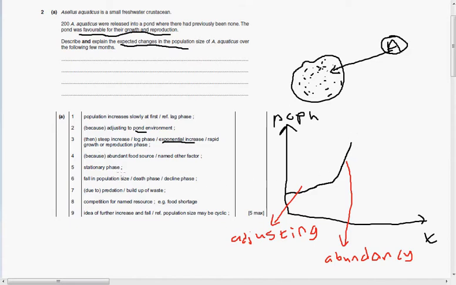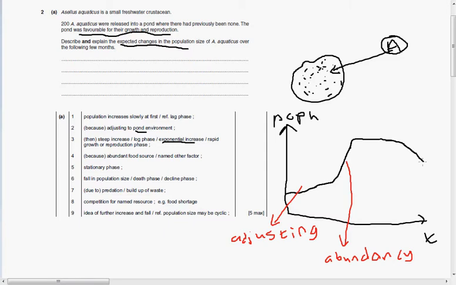Then there is the stationary phase. There is no increase in population. Then there is a fall in population size, death, the decline phase. Then there is this fall.